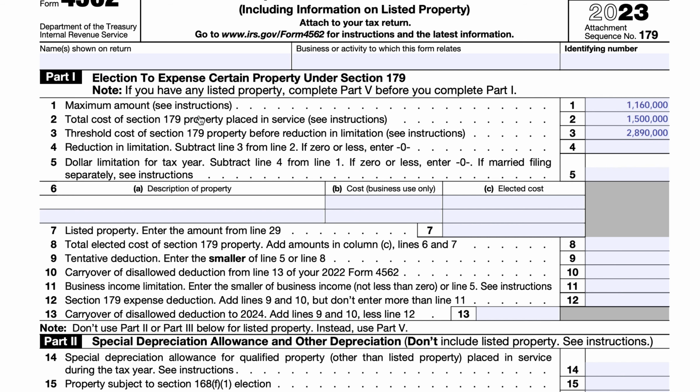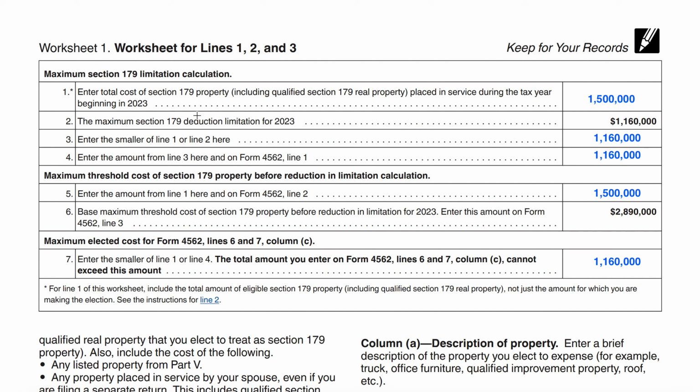So let's circle back to this worksheet so we can walk through each of those items. The top item, which is the maximum Section 179 limitation calculation, is fairly straightforward. It's the lesser of the total cost of Section 179 property, to include qualified Section 179 real property, that you placed into service during the tax year, or the maximum Section 179 deduction limitation for the tax year.